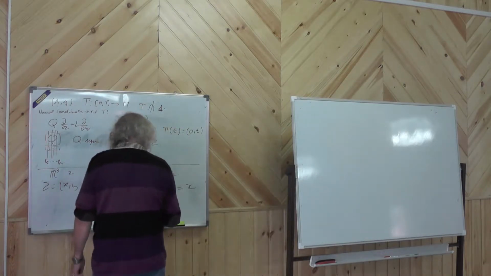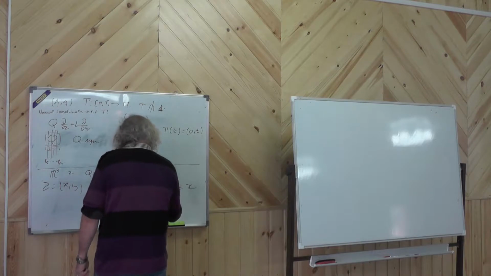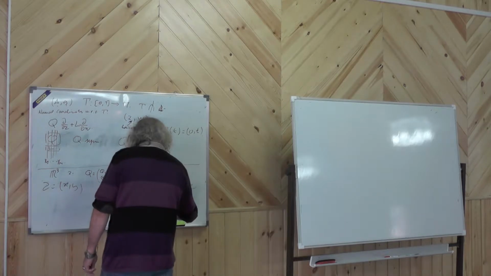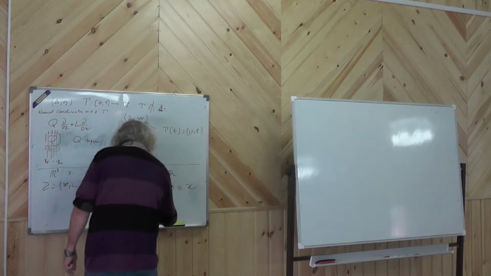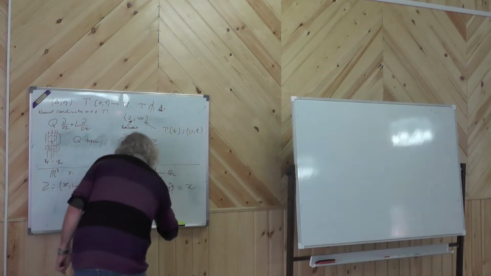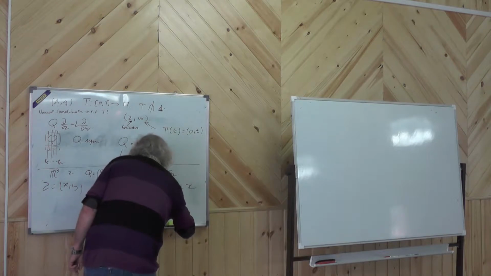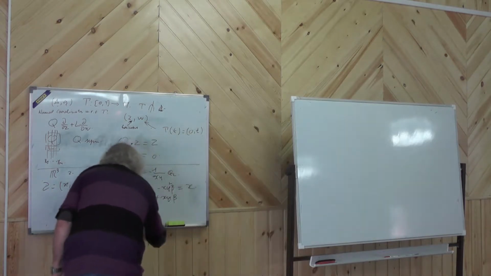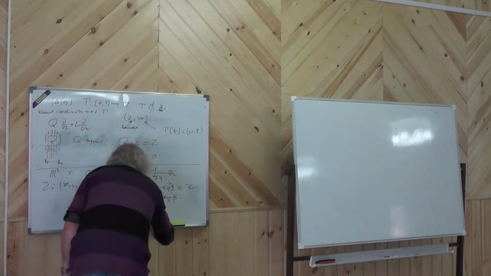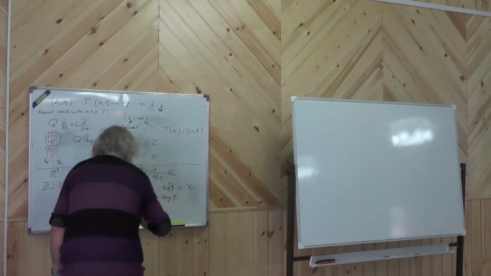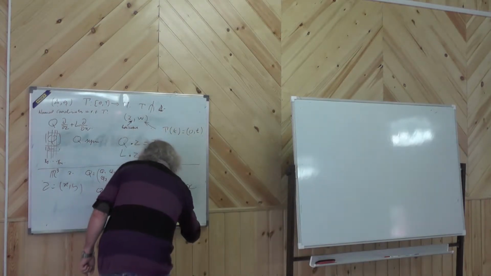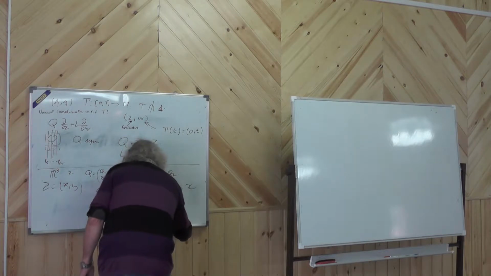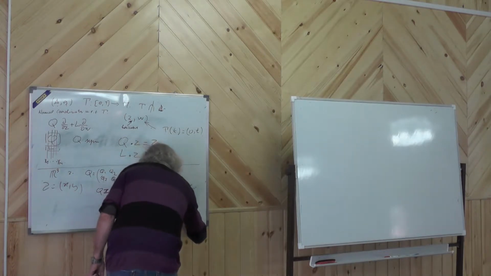This is the first equation. x cancels, and you get that Q1 is equal to 1 plus y squared beta. In the same way, you get that Q3 is equal to 1 plus x squared beta, after canceling y.